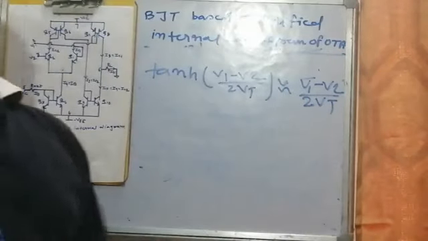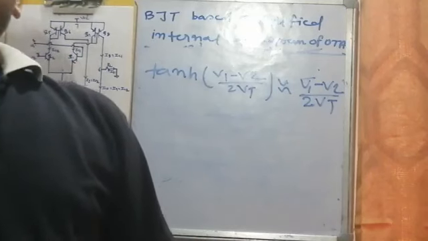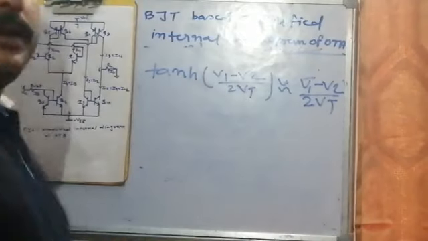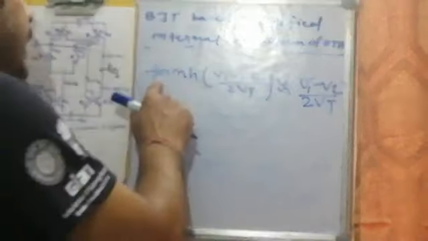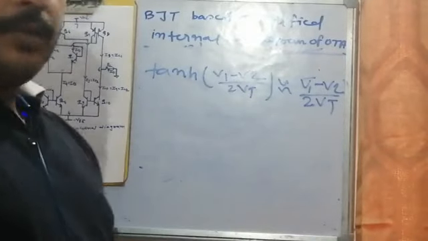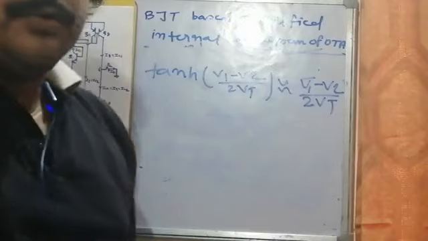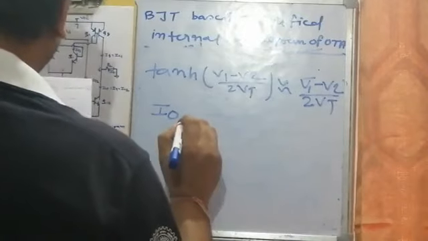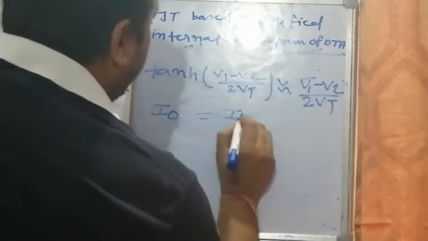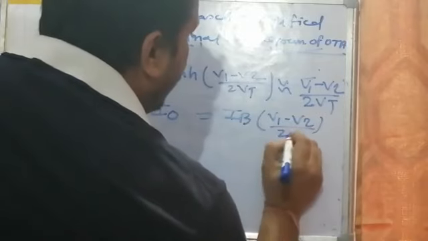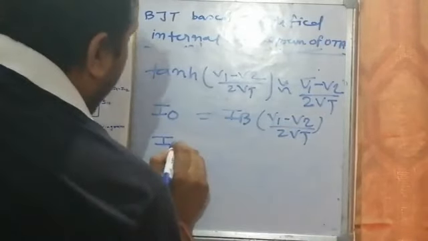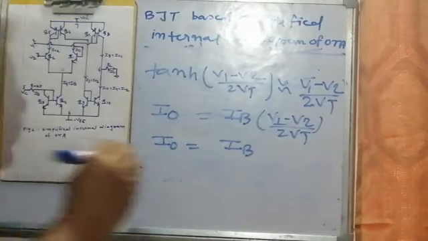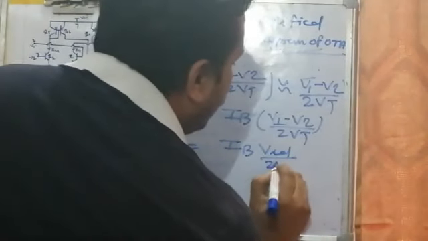Recall the concept of tanh theta. If theta tends to 0, then tanh theta equals theta. So if V1 minus V2 tends to 0, then we can write tanh((V1 minus V2) divided by 2Vt) equals (V1 minus V2) divided by 2Vt. And this gives I0. So I0 equals IB times (V1 minus V2) divided by 2Vt, where V1 minus V2 is the difference of input voltage VID.